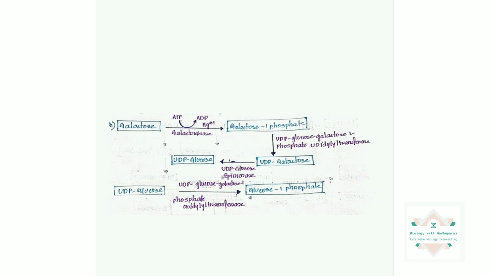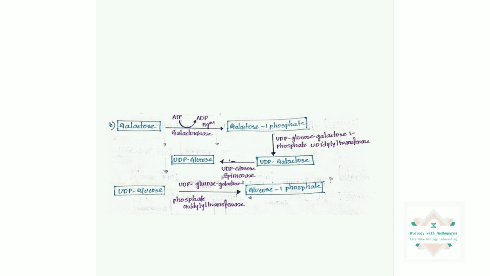uridylyl transferase. So that is a big name. Next, UDP galactose will be converted into UDP glucose with the help of the enzyme UDP glucose epimerase. And finally, this UDP glucose can be converted into glucose 1-phosphate with the help of the same enzyme which converted galactose 1-phosphate to UDP galactose, named UDP glucose galactose 1-phosphate uridylyl transferase.